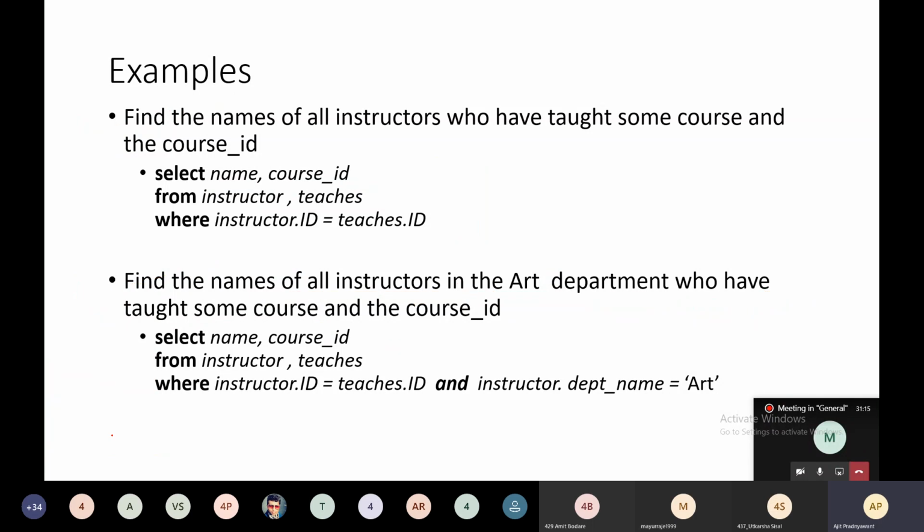So for that purpose, you require two relations. The first one is instructor and the next one is teachers. Since it says find the name of all the instructors, you need to have name in the select clause and then you have to mention the course ID.